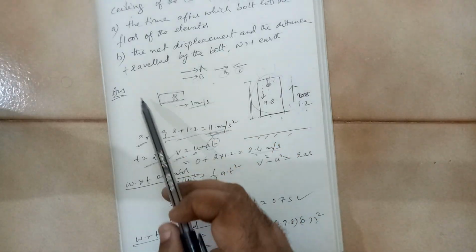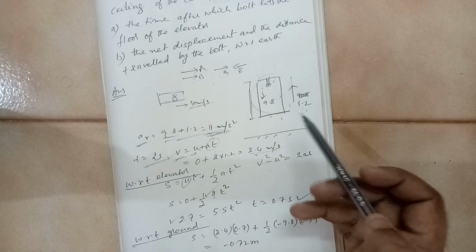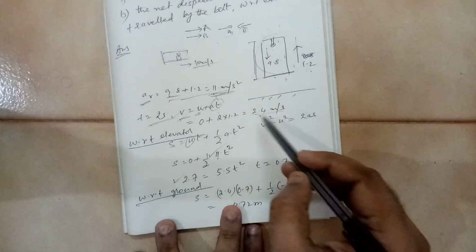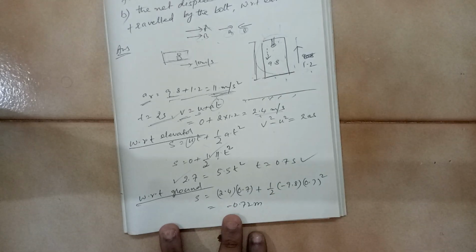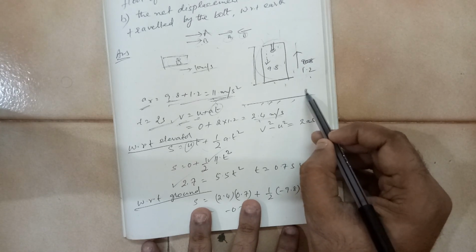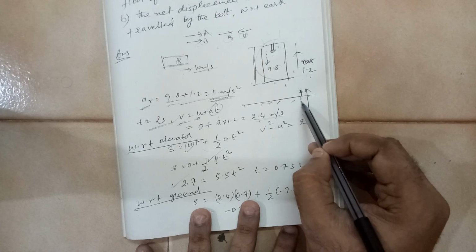Now the second question says that what is the displacement and what is the distance traveled by the bolt. So with respect to the ground, the lift is going up. So the bolt also is maybe going up, but finally it fell down.